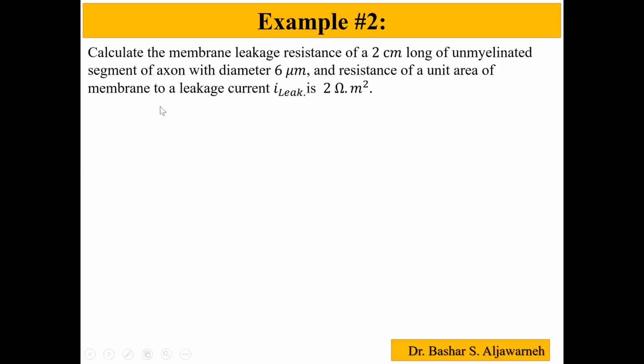Second example, calculate the membrane leakage resistance, which is R prime, of a 2 centimeter long unmyelinated segment of axon with diameter and resistance of unit area of membrane to leakage current, which is 2 ohm times meter square.